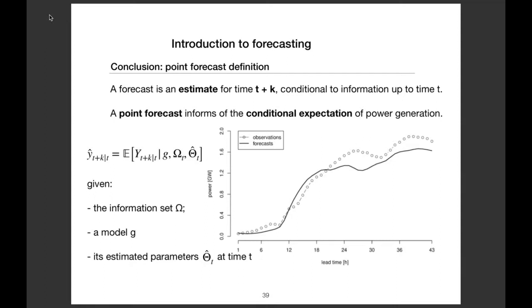You use information, so weather forecast, measurements, and based on this information, the realization, the weather forecast, etc., you try to estimate the parameters of your model. And once you think that your parameters are well estimated, you try to evaluate your model on a validation set.